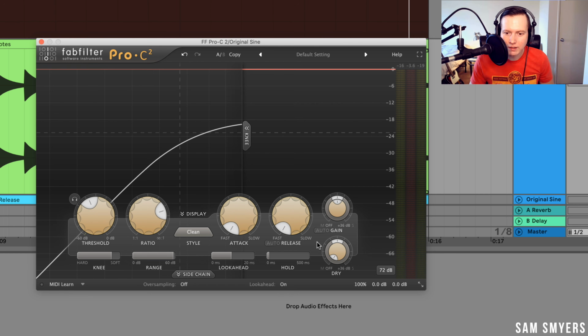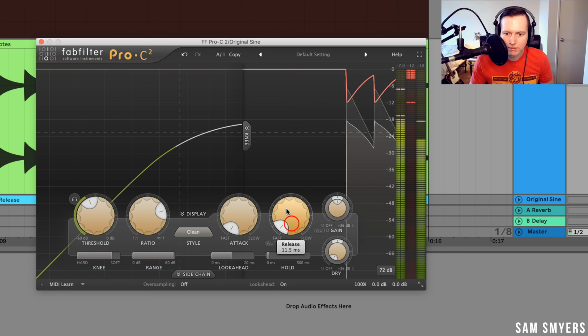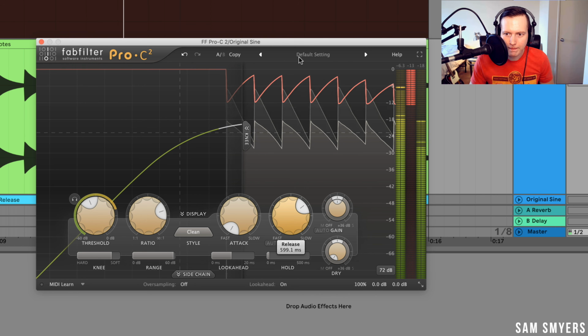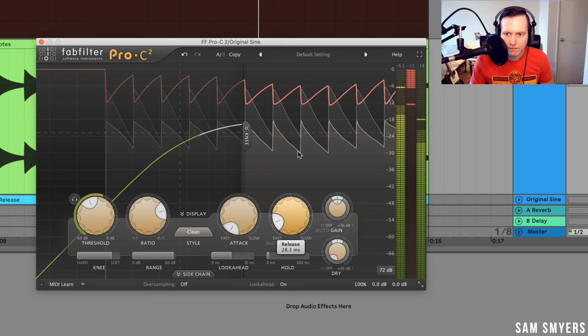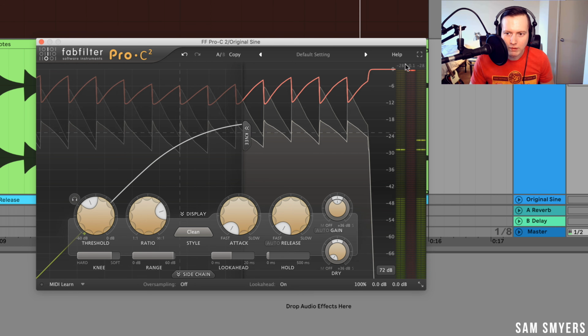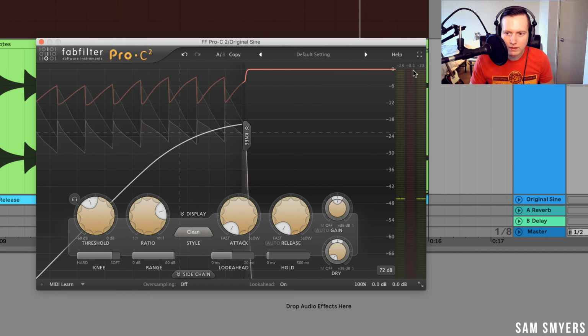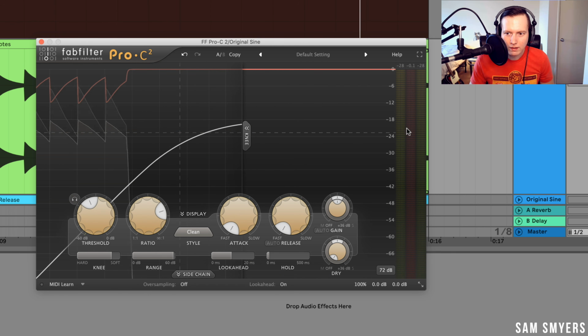Let's go ahead and change the settings of the release. If we watch the meter here, when we change the release, we see that with a fast release, this meter is going up and down pretty fast, so it's creating that pumping effect. And then when we have a slow release, it's going down slower.